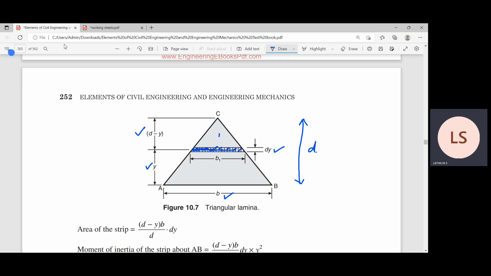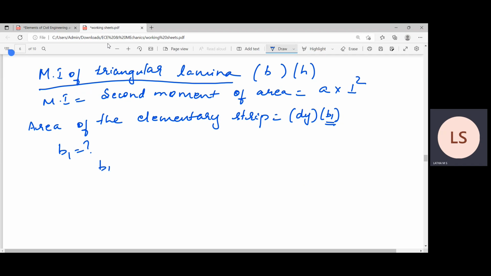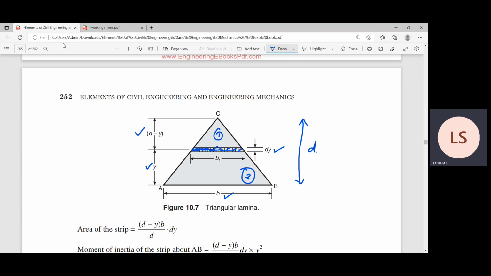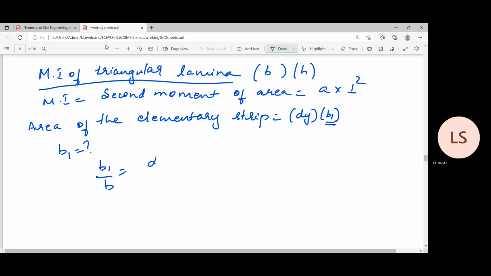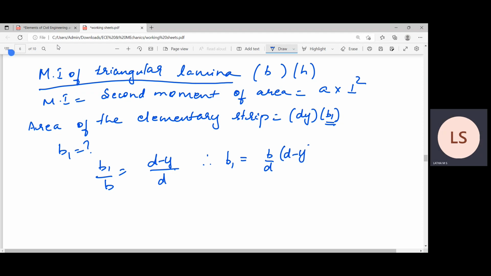I'll consider the small triangle as triangle 1 and the whole as triangle 2. So I'll write b1 by b is equal to the height of triangle 1, d minus y, by the total height d. So what is b1? I get it as b by d into d minus y, or I can write it as b into 1 minus y by d.